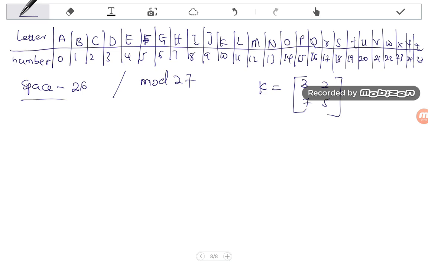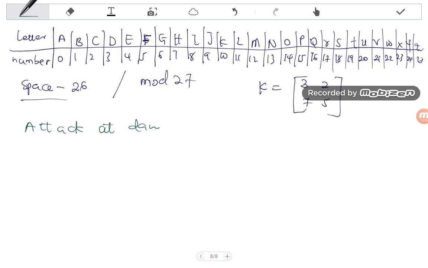It must be a square matrix as well, which is redundant, because if it's not square, its inverse will not exist. And even within square matrices, not all square matrices have inverses. So make sure that the key you're picking is a square matrix and its inverse exists, that is, it's an invertible matrix.